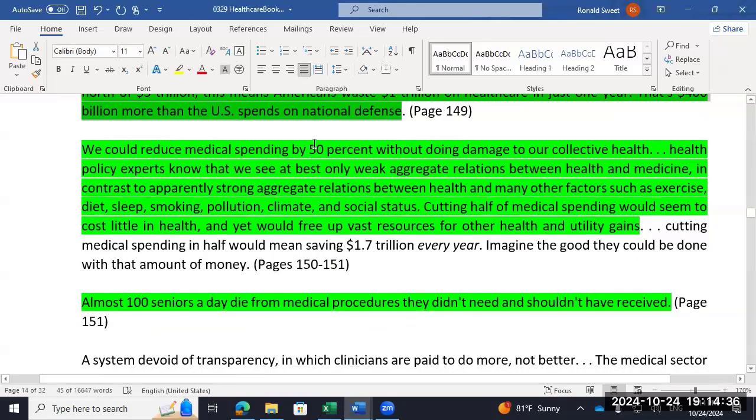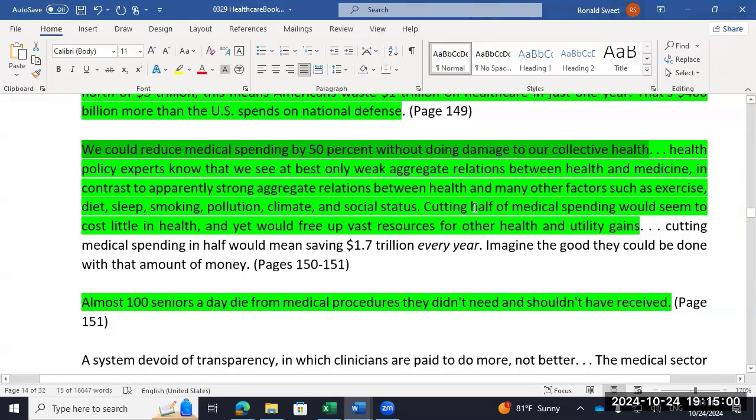We could reduce medical spending by 50%. So here's the 50% without doing damage to our collective health. Health policy experts know that we see at best only weak aggregate relations between health and medicine, in contrast to apparently strong aggregate relations between health and many other factors such as exercise, diet, sleep, smoking, pollution, climate, and social status.